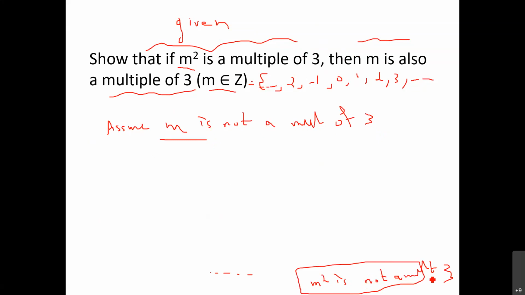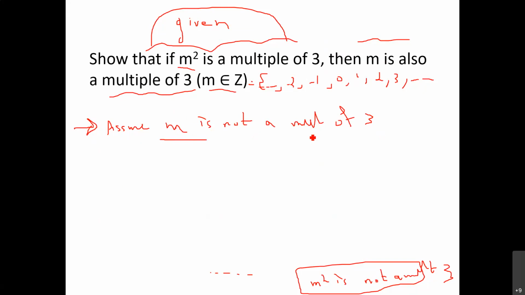But that's a contradiction since it's given. It's given that it is a multiple of 3. Like, it's your rule, it's your axiom. So if you reach somewhere that m squared is not a multiple of 3, then that means your assumption is wrong. And since our assumption was that m is not a multiple of 3, that could only mean that, yes, it is a multiple of 3.